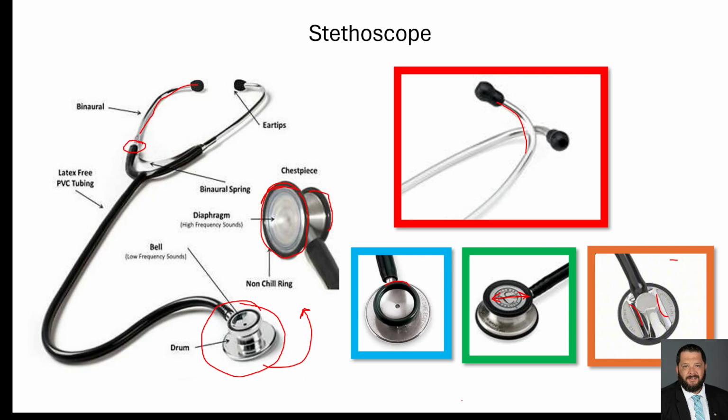This is common in some of the higher end stethoscopes, such as like the Littmann Cardiology, the Cardiology 2, Cardiology 3, and so forth. As far as what you need for an EMS provider, a very basic stethoscope of general quality that has a bell and a diaphragm is perfectly acceptable.